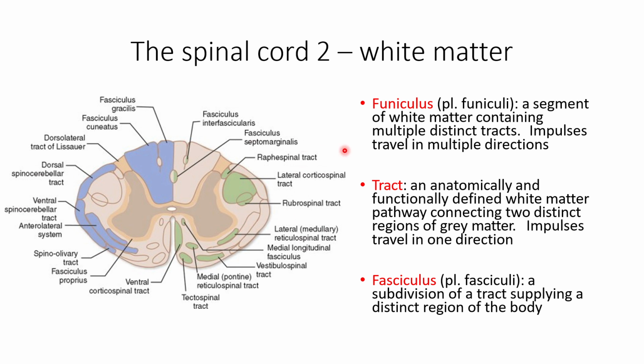The largest subdivision of the spinal cord white matter is known as the funiculus, plural funiculi. And a funiculus we can define as a segment of white matter containing multiple distinct tracts. Those impulses travelling within a given funiculus move in multiple directions. That is, they might move up or down within those various distinct tracts within that given funiculus.